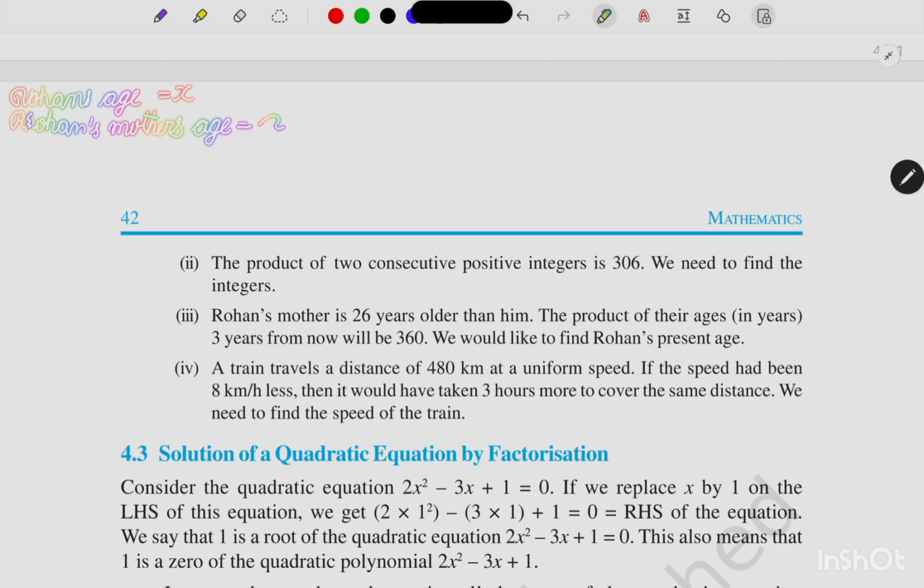So you're not supposed to do what I just did. So x plus 26. Okay. Rohan's age 3 years later equals x plus 3.